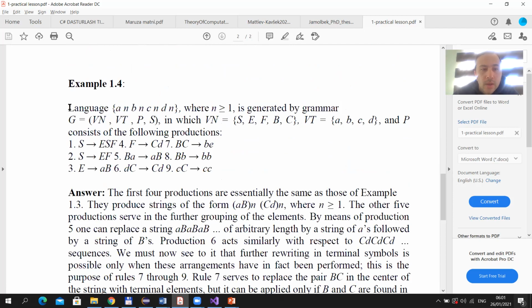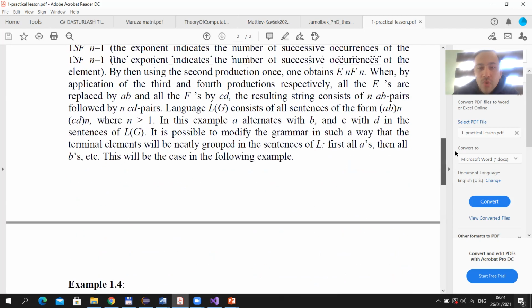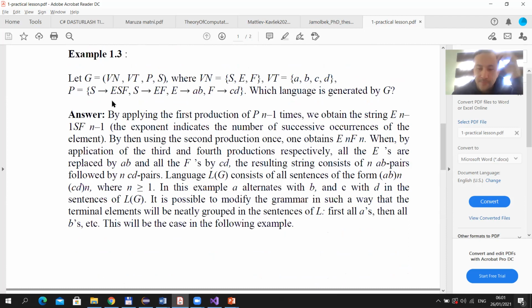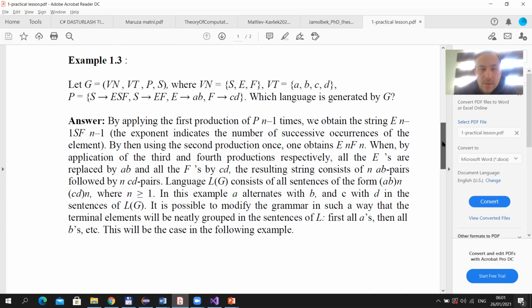So here, the example number 4. So first of all, do you have any questions related to this exercise? The exercises are somehow connected to each other, starting easy and then a little bit difficult, then it gets more difficult.